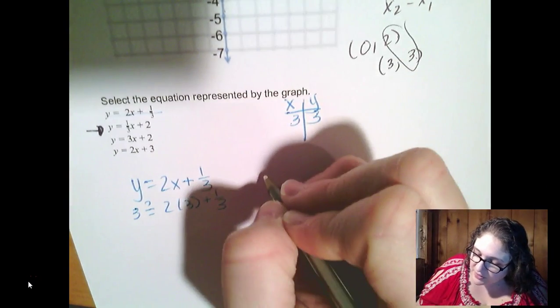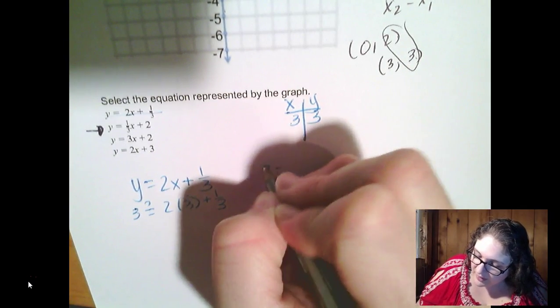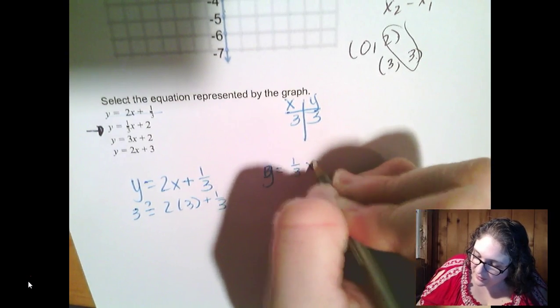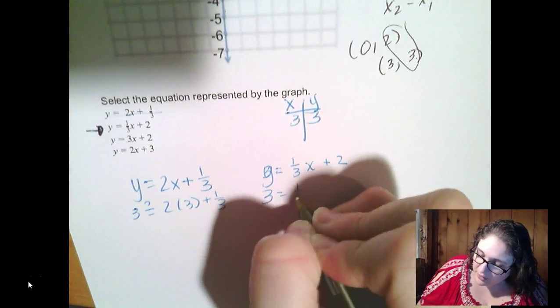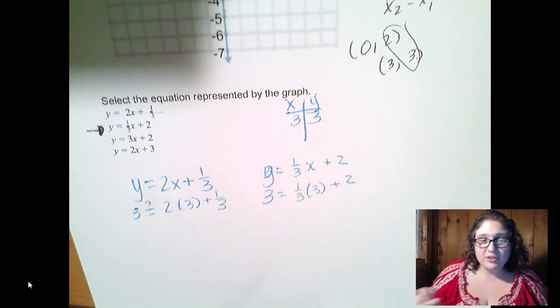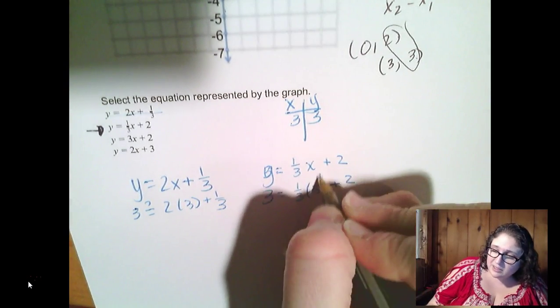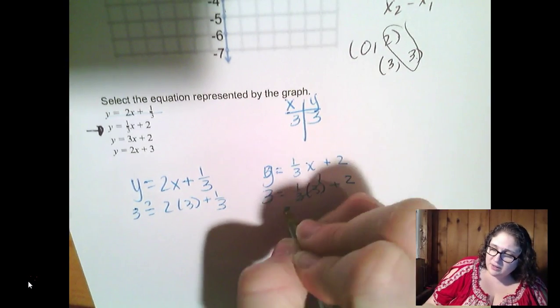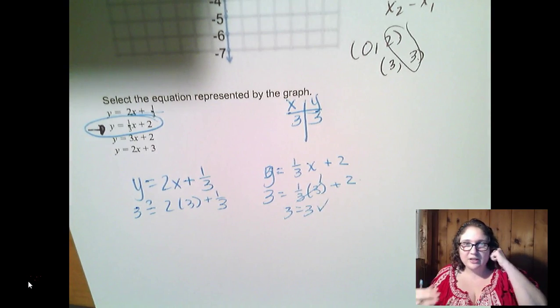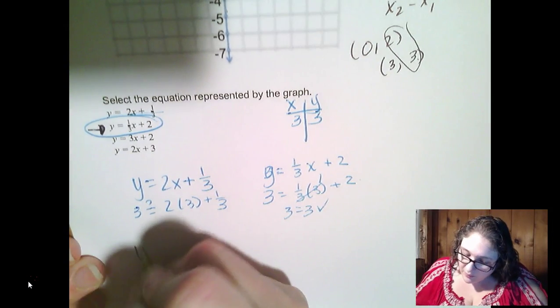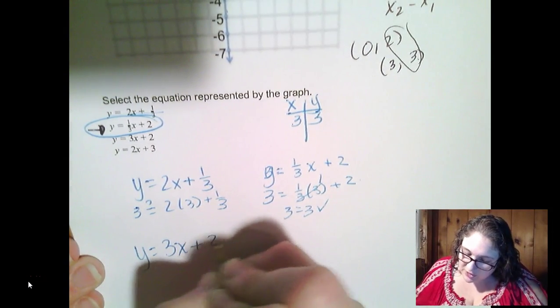Okay, we know the next one's going to work out, but let's just prove it. We have y equals 1/3 x plus 2. So we're saying, does 3 equal 1/3 times 3 plus 2? Well, 1/3 of 3 is 1. 1 plus 2 is 3. 3 equals 3. So yes, so we know for sure that's the correct answer, but let's just check the other ones. Y equals 3x plus 2.